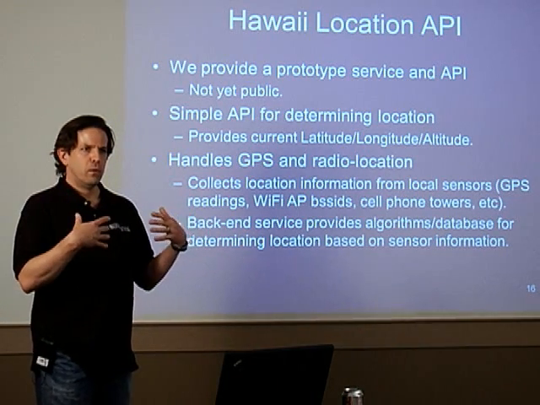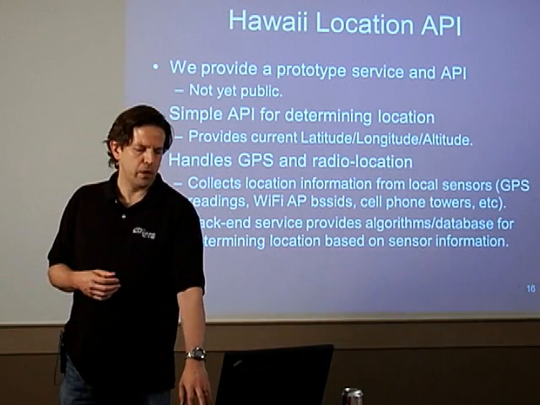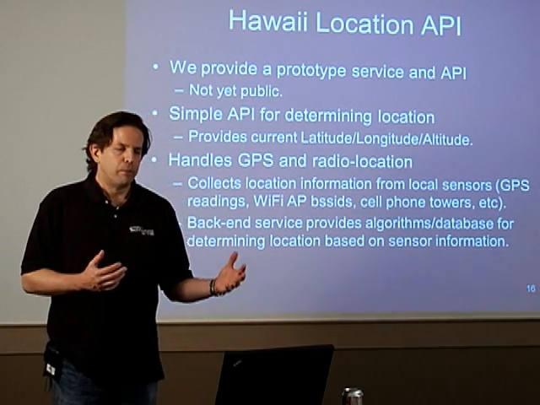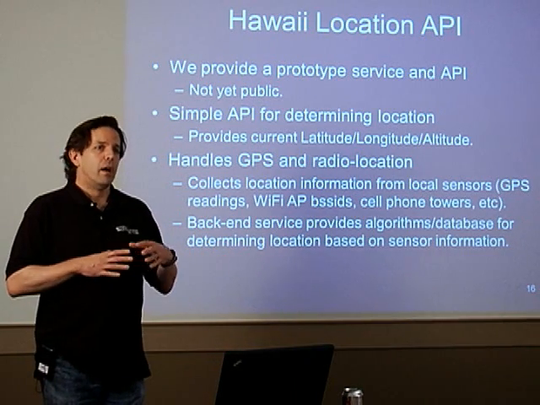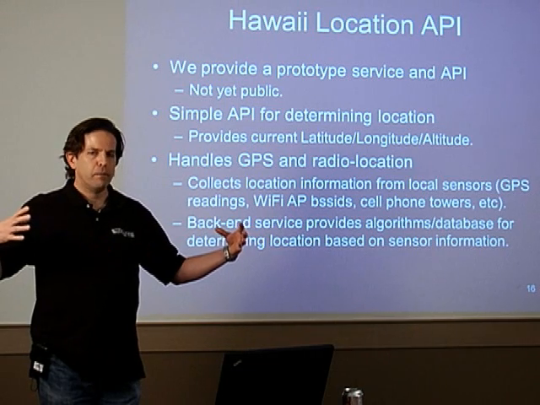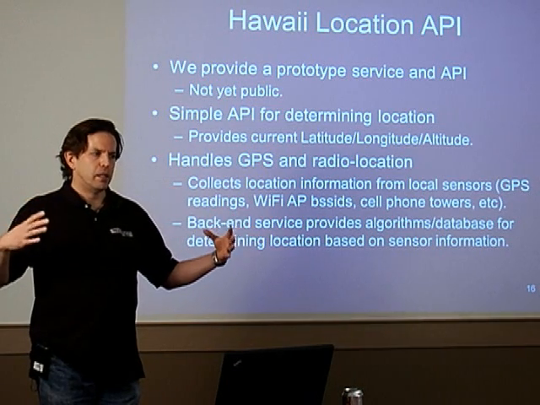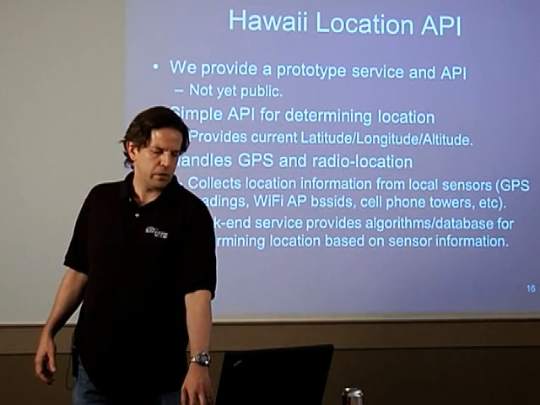And that will let you know where you are based off what Wi-Fi access points you can hear. And in the event that you don't have even Wi-Fi access points but can hear a cell tower, it can go even wider in its area of estimation, but still at least get you close to where your actual location is.